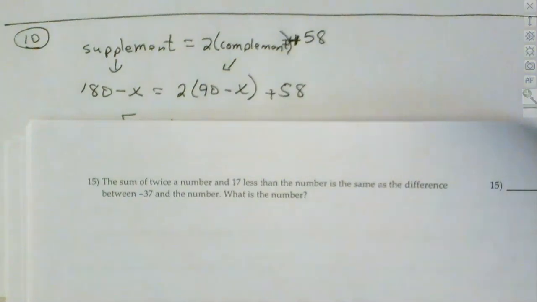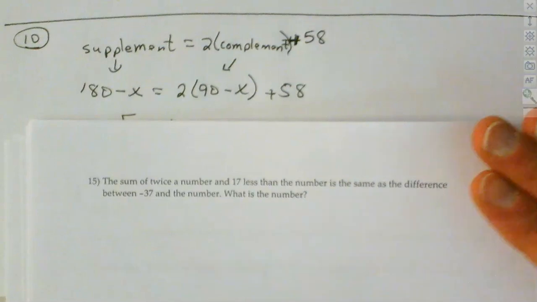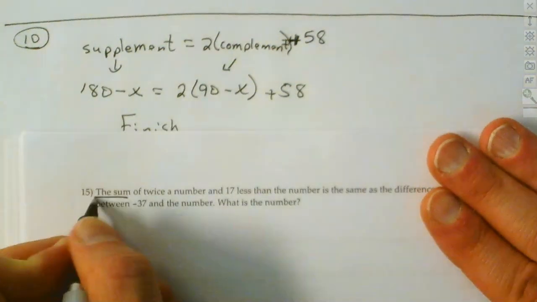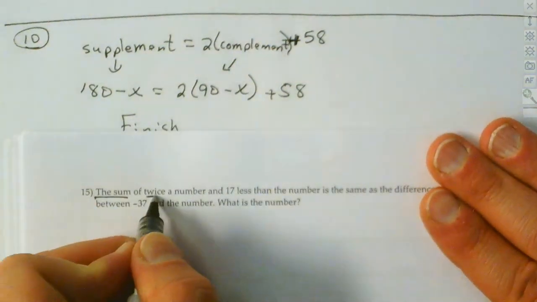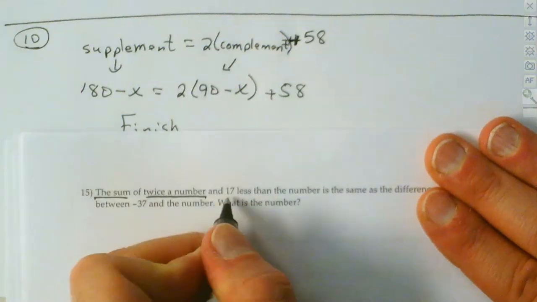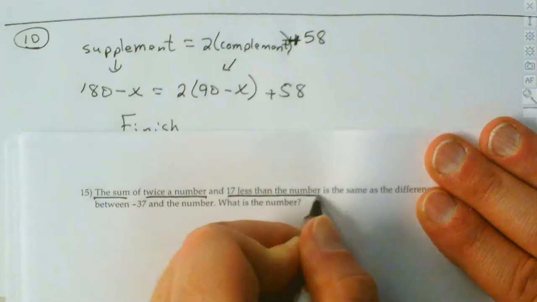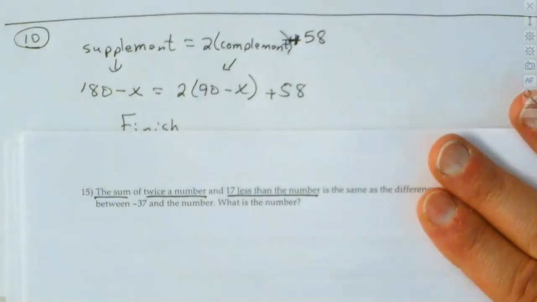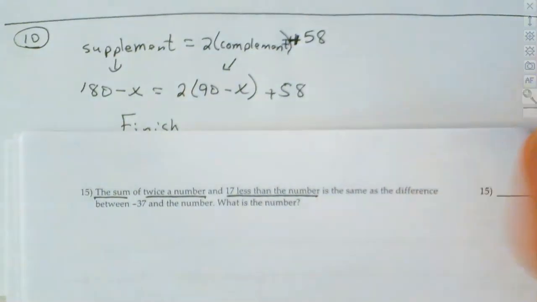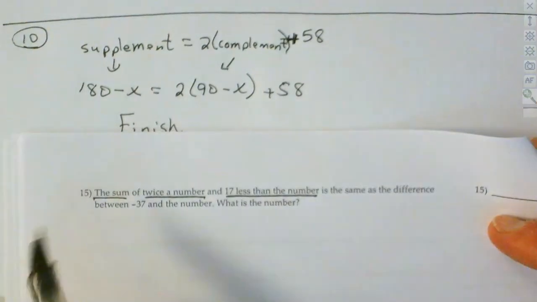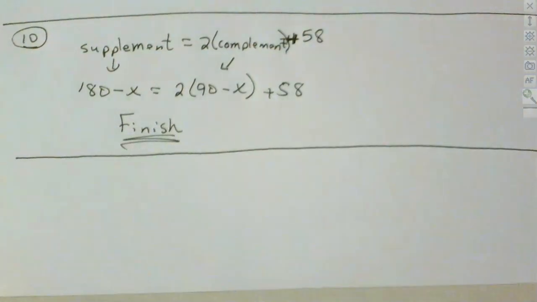So let's break it up into small parts. The sum of twice a number and 17 less than the number. So let's think about what we have there. We have a sum. Okay, what are we looking to sum? Twice a number.